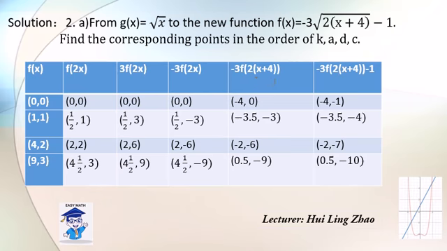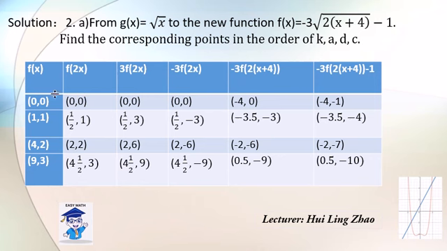And next also puts the d in the function, negative 3 f(2 times (x plus 4)). And the next column is negative 3 f(2 times the whole factor (x plus 4)) and then minus 1.